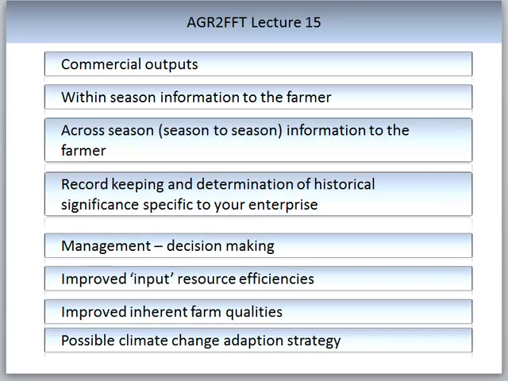There are a suite of commercial outputs that are theoretically possible from precision agriculture. These include, but are not limited to, within-season information to the farmer, across-season or season-to-season information to the farmer, a technique that can enable accurate record-keeping and determination of historical significance specific to your enterprise in your location.